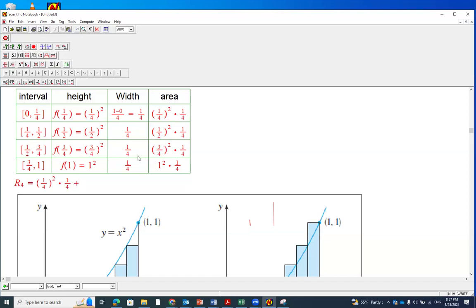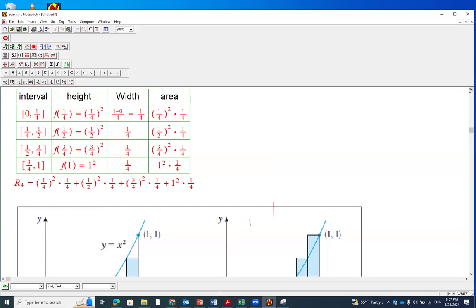The sum of the first area, the second area, the third area, and the fourth area. Okay, so that's one way of approximation.